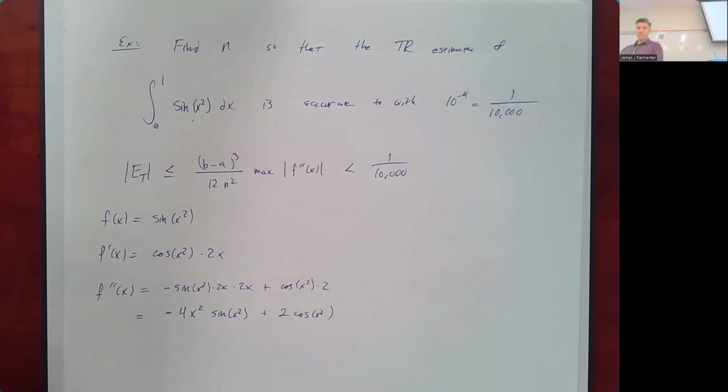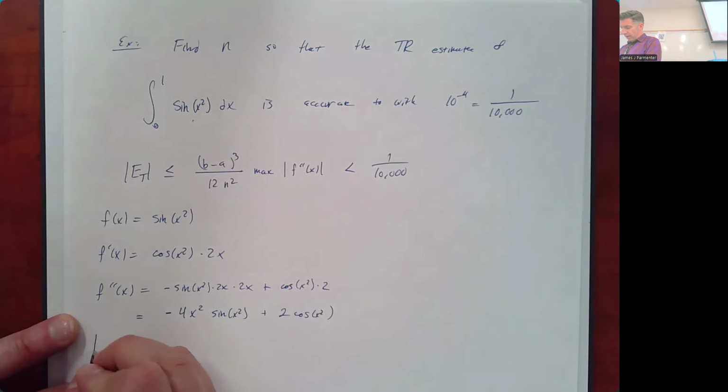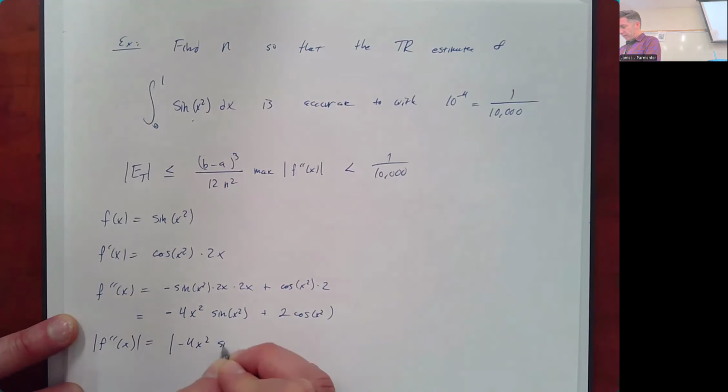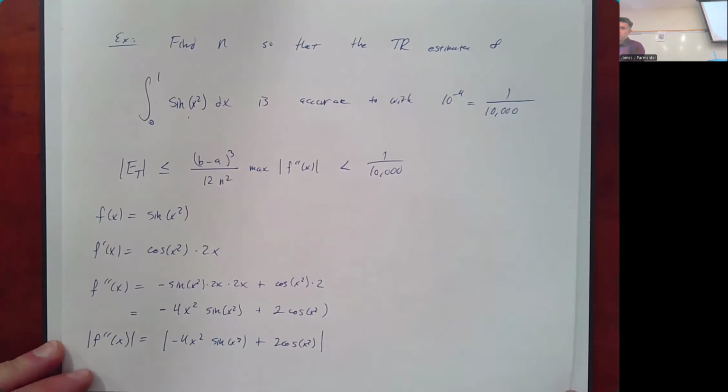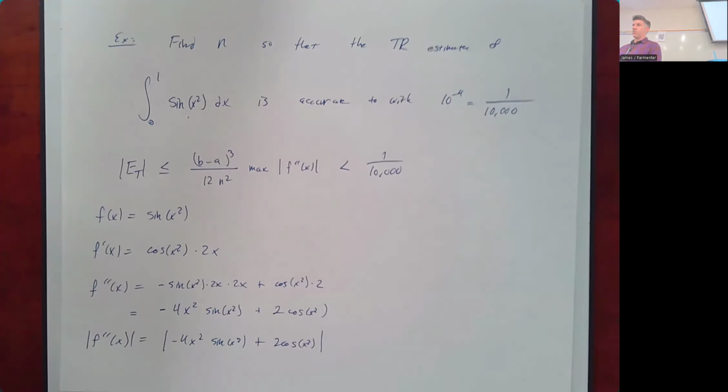All right. So what's the biggest this could be? Well, if I take the absolute value of f double prime of x, which is the absolute value of negative 4x squared sine of x squared plus 2 cosine of x squared, there's something really lovely about sine and cosine. Sine and cosine are always going to be less than or equal to 1 and bigger than or equal to negative 1.